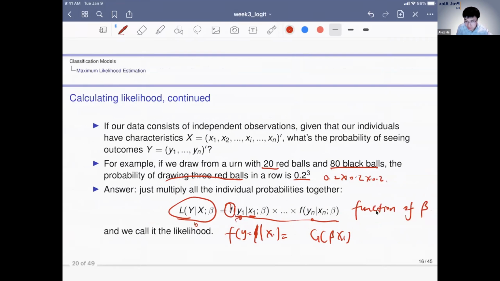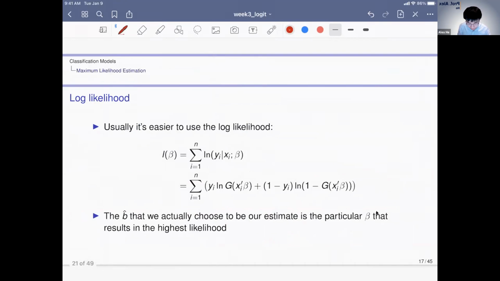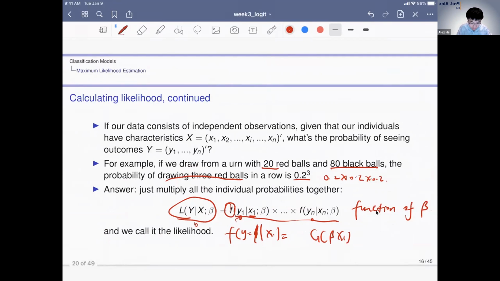And that is the likelihood you get here. Does that make sense? Okay, and this is it. So this is the maximum likelihood estimator. You find the beta that maximizes this function, and that's the beta you choose. Okay, that's our estimated beta.